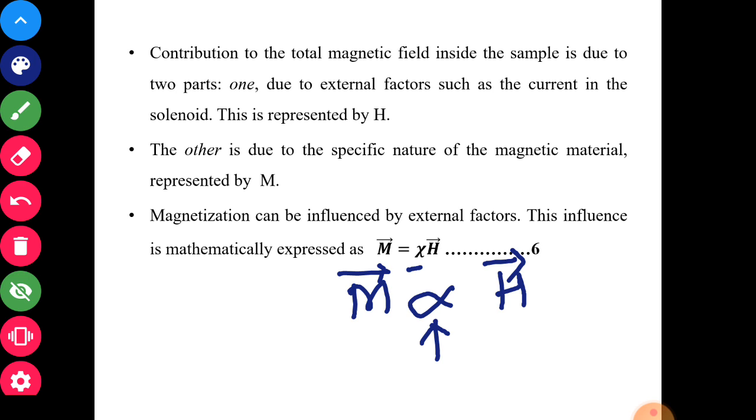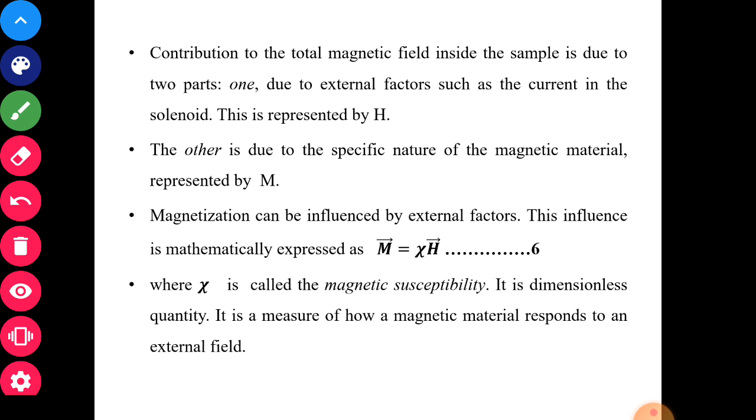How susceptible the substance is towards the external magnetic field, how flexible the magnetic moment of the substance is, so that it can align in one particular direction when the external current is passed through the solenoid. Chi is the magnetic susceptibility. It is a dimensionless quantity. It is a measure of how a magnetic material responds to an external field.